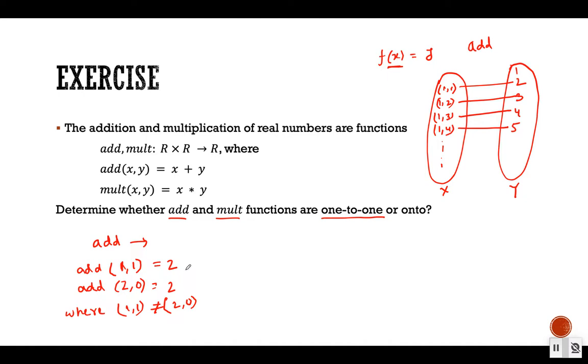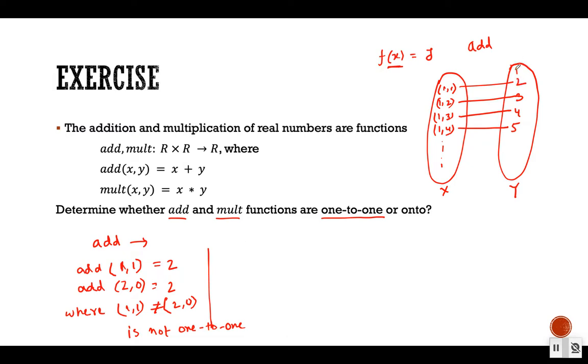So if we find at least one example where different inputs give the same output, that means the function is not one to one. The function is not one to one because for two different inputs we can have the same output.